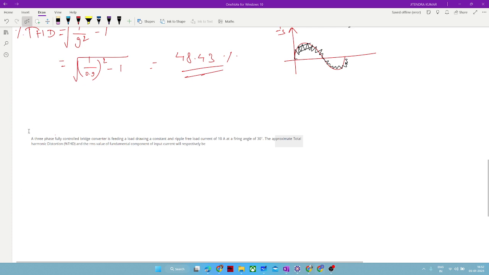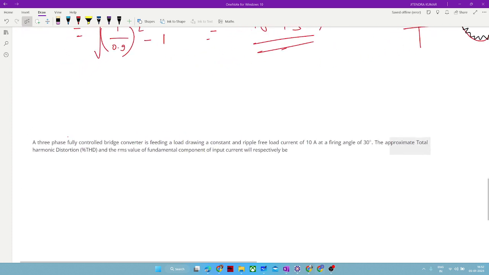And I hope one problem you might be able to see on the screen. Yes, sir. So that was asked in 2010. The problem says that a three-phase fully controlled converter is feeding a load whose current is constant, meaning load current is 10 ampere, and firing angle of 30 degree. So alpha is 30 degree.